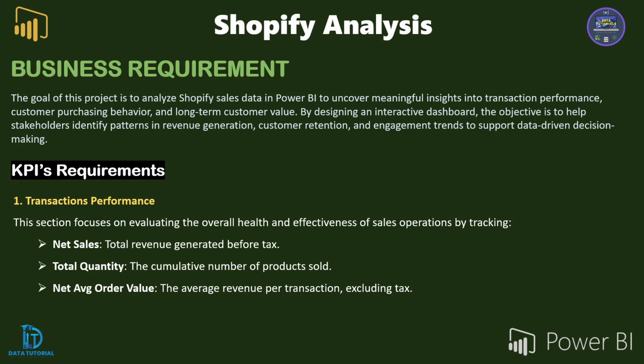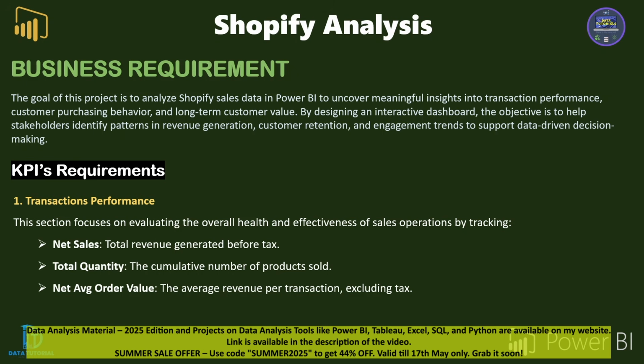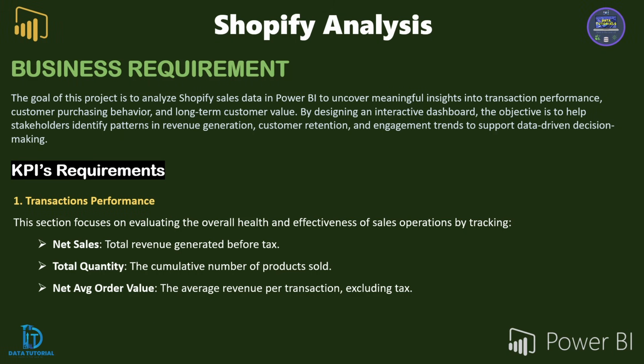The first one is net sales, which is nothing but the total revenue generated before tax, right? This is important for us. We have tax information also in the data, but we will be more focused on finding the revenue before tax, right? Then we will also find total quantities, that is the number of products in terms of quantities which were sold overall in that particular time frame, right?